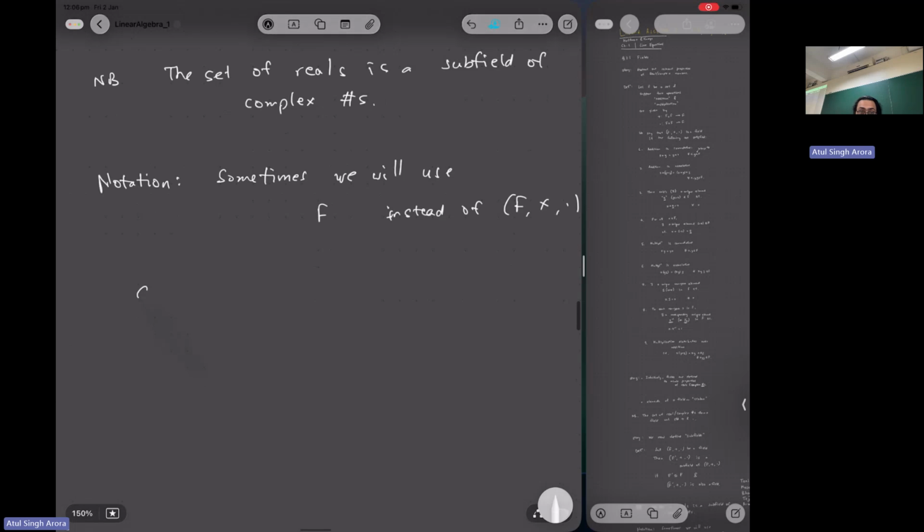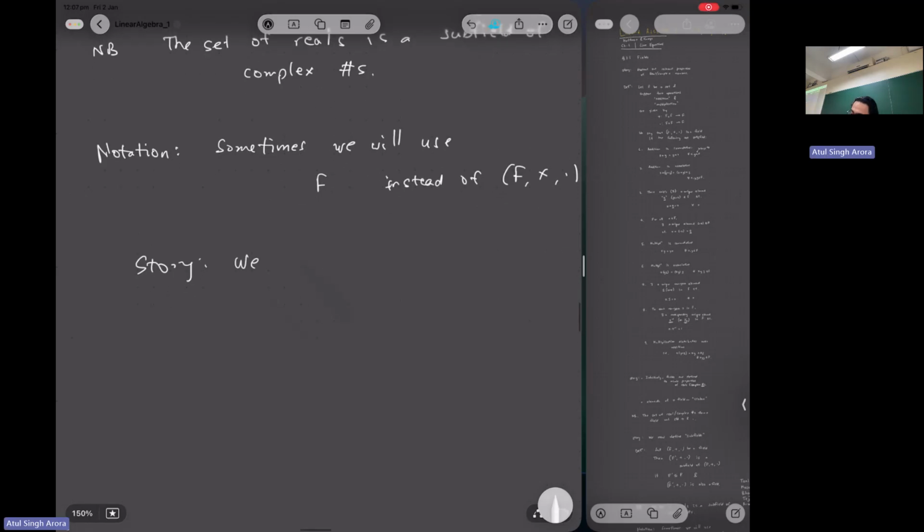Okay, all right. So now the usefulness of this notion of subfield arises from the following fact. We focus here on subfields of the complex numbers.